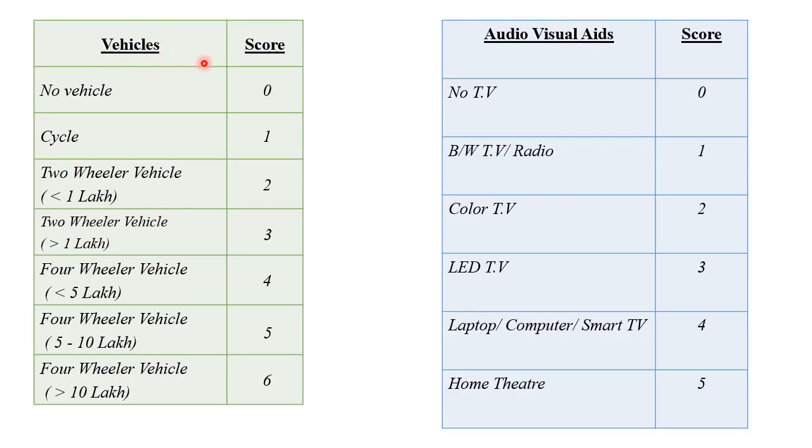The first group is vehicle. So these are the vehicles and this is the scoring. So this is the rough indicative value of that possession and the respective scores. Next is the audio visual aids like TV, radio, LED TV, computer, home theater, and these are the respective scores for each group.